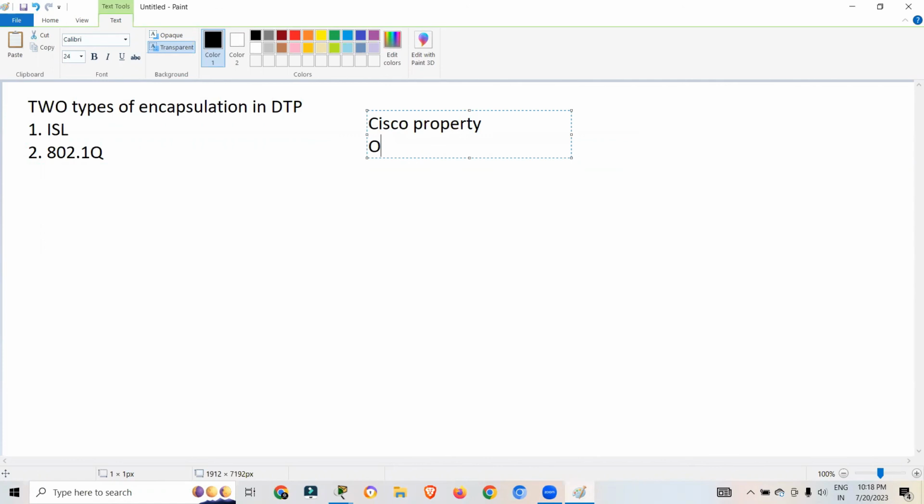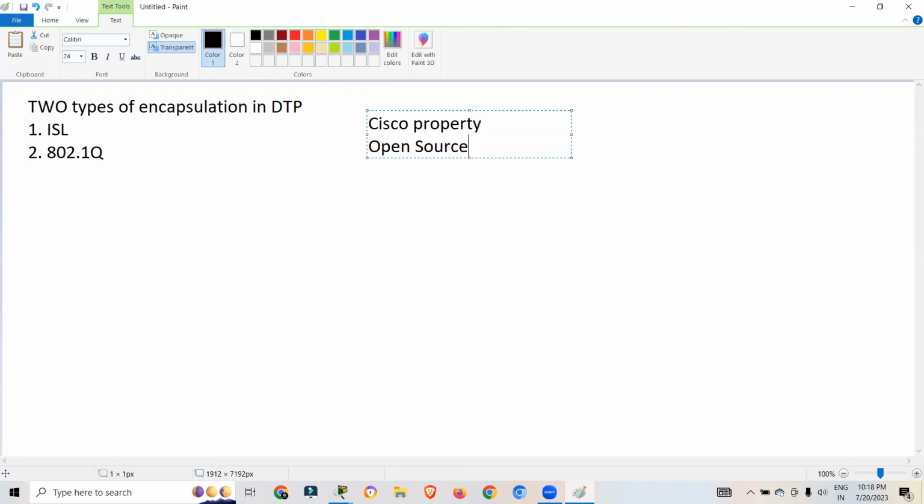Does anyone know what Cisco proprietary is, and what the meaning of open source is? Cisco proprietary, or any vendor's proprietary, is specific to what they have developed. It is not standardized, whereas open source is widely available and standardized. So the answer is correct.